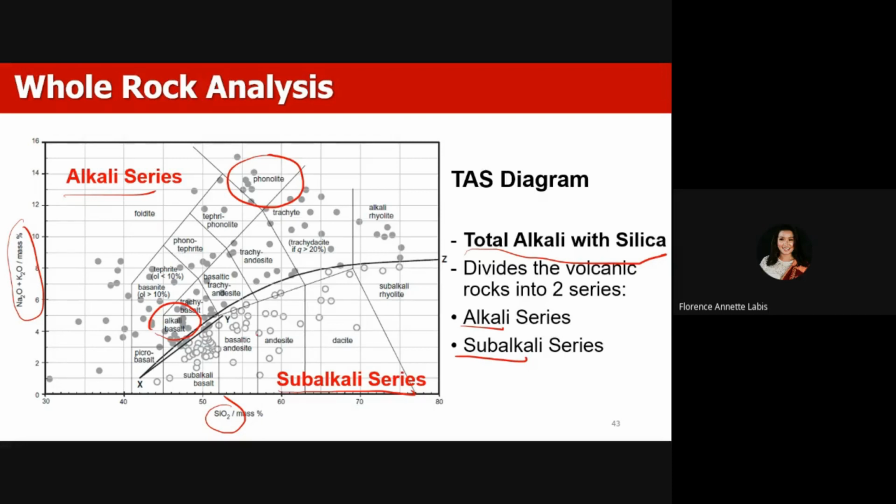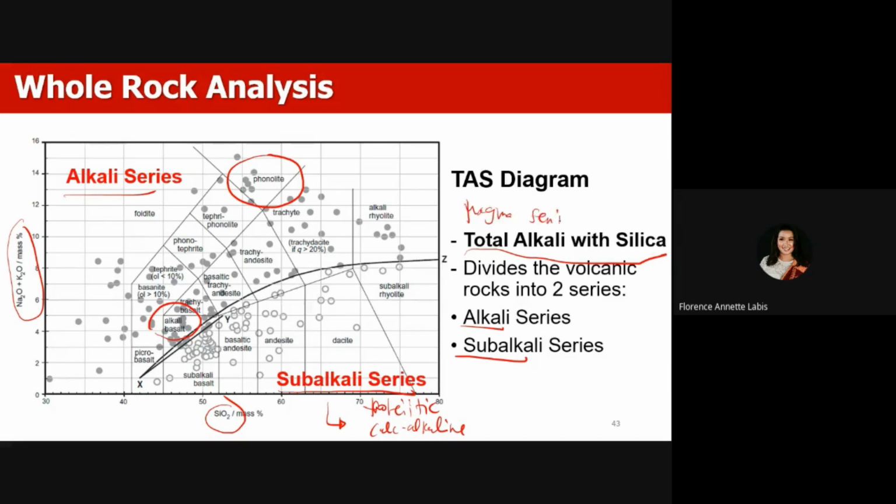Yeah, and the subalkali is also divided into two. You have tholeiitic and calc-alkaline. So these are the magma series.